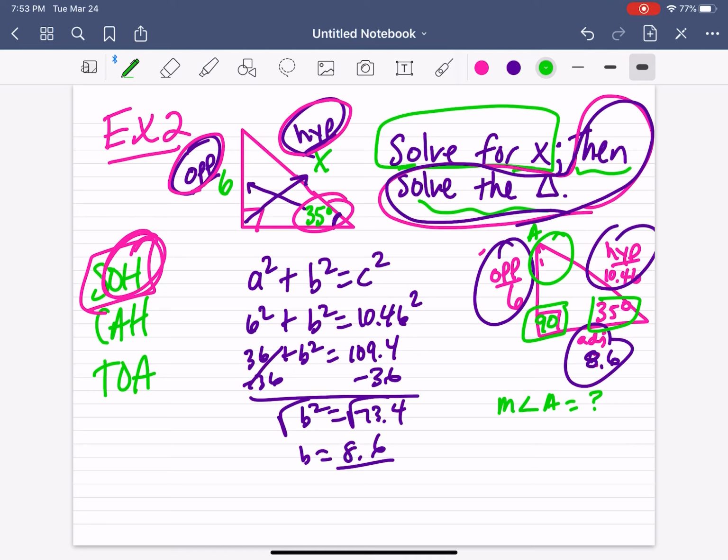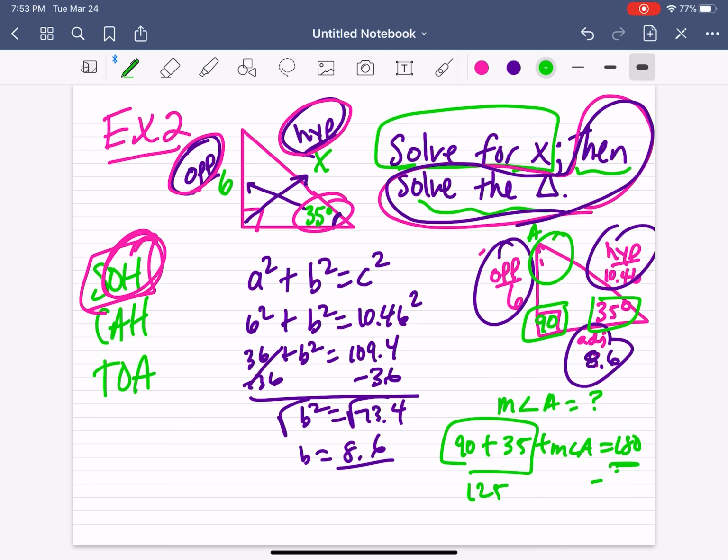So if you remember from geometry, the measurement of the three angles inside a triangle add up to 180. So 90 plus 35 plus the measure of angle A should give us 180. So let's add these two up and subtract that from 180. So this gives us 125.